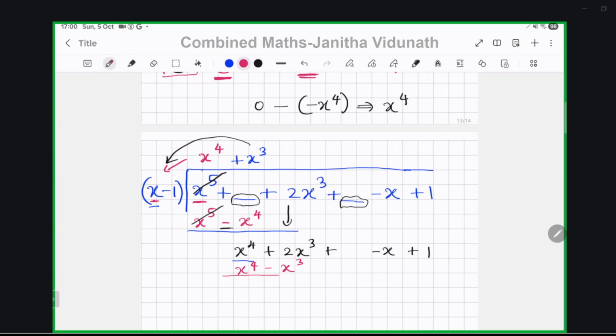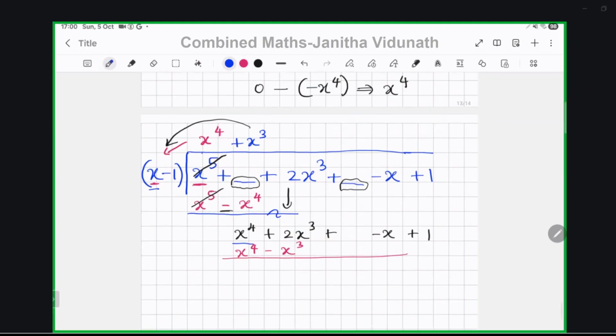Then we subtract those two. The x to the power 4 terms are cancelled out. 2x cube minus minus x cube will give 3x cube, plus here there is no term, so we keep a blank. Here we bring down the remaining terms, minus x plus 1.